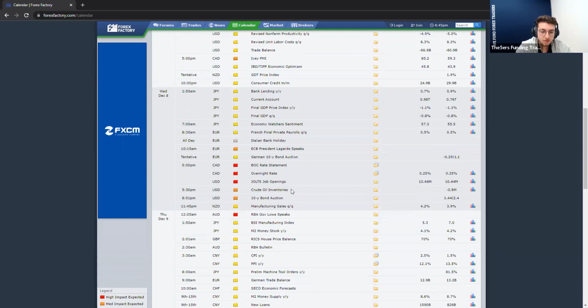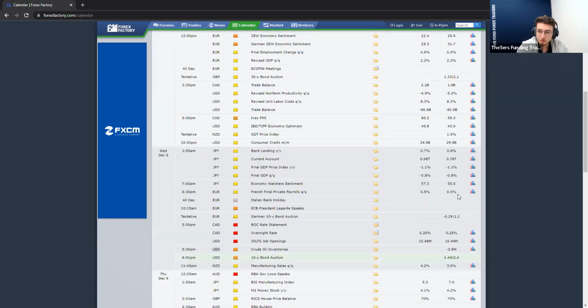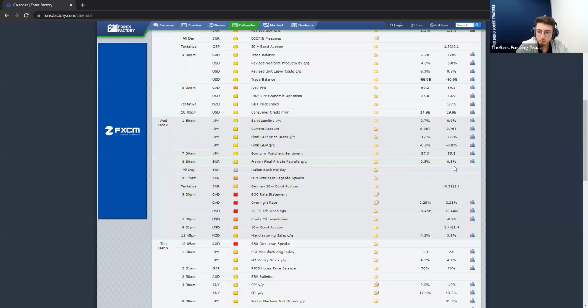On Wednesday we have the crude oil inventories. Generally when we get the inventories of oil, it moves the oil a lot, so you should expect a movement in dollar CAD as well. Be ready on that news. It's related to the dollar, but recently I believe that the CAD especially will move on the crude oil inventories, and we see that the number here is 0.9%.